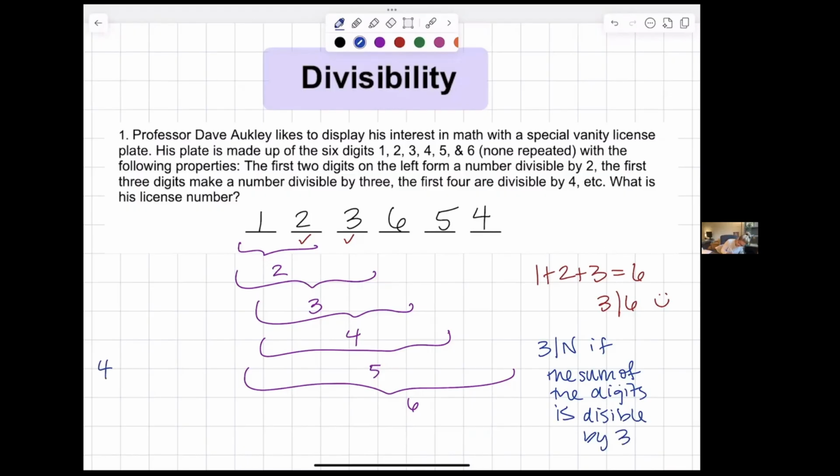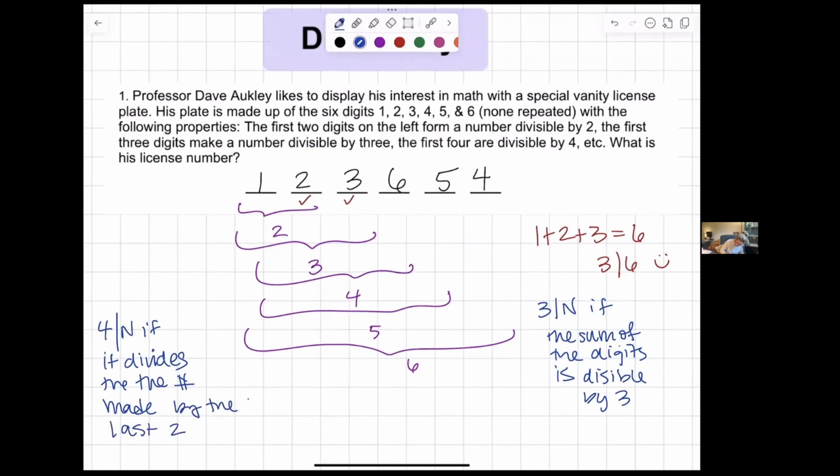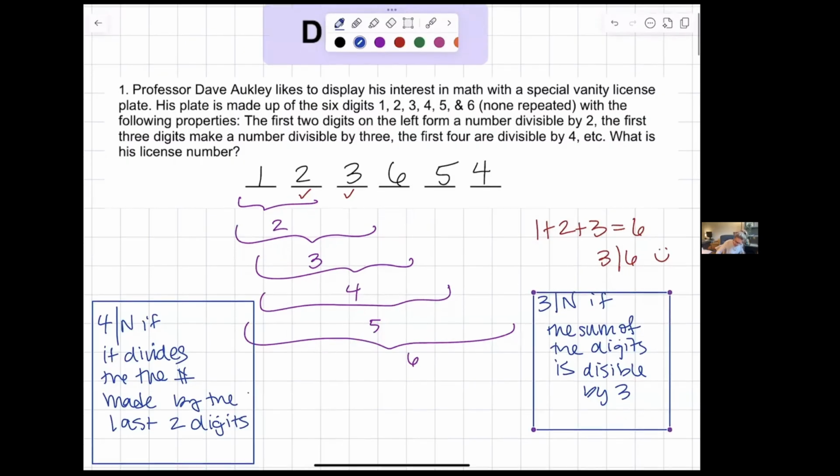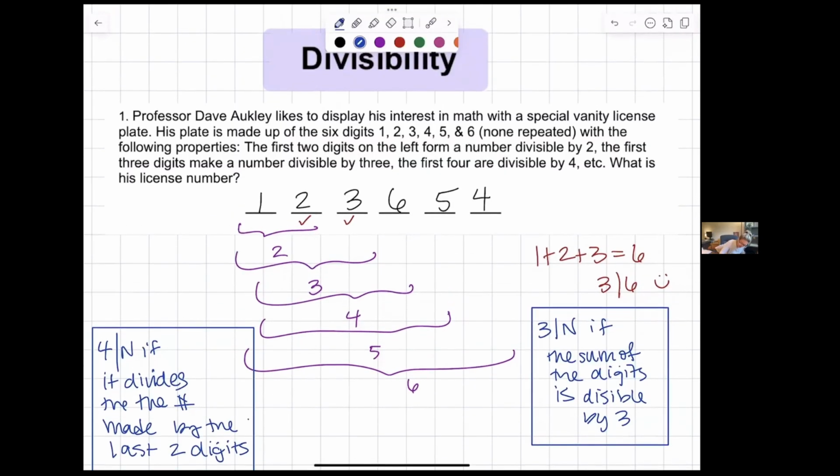And we said 4 divides a number if it divides the number made by the last two digits. Okay, so those ones are a little bit strange. Cool. Slightly less common than 5 and 2 that we use all the time.